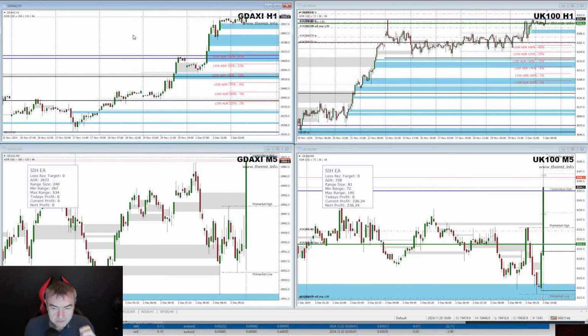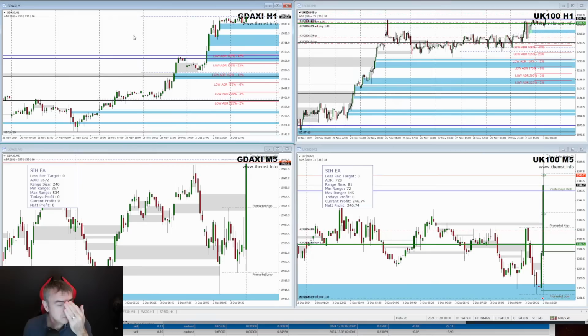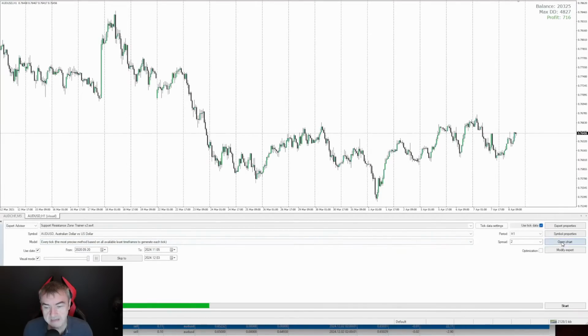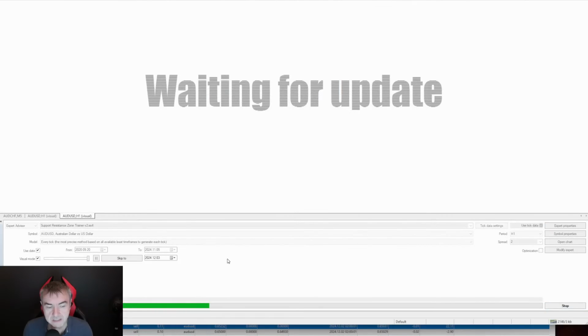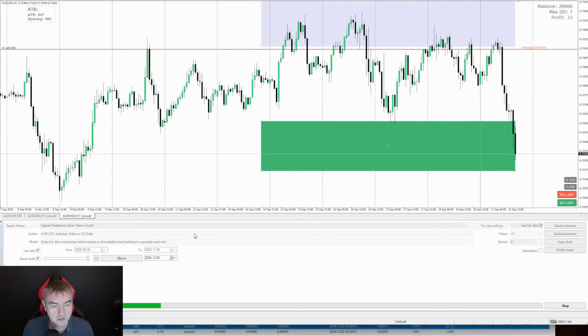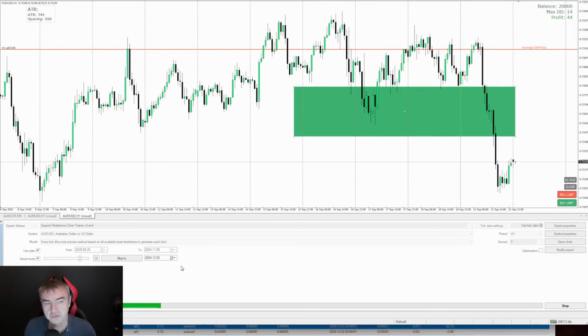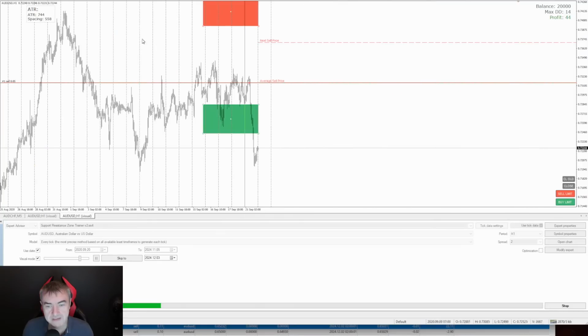So today we're going to do the usual stuff, look through the news, and spend a little time this morning looking at the support resistance zone EA. I've built an auto trading functionality into it, which isn't really designed to auto trade necessarily.